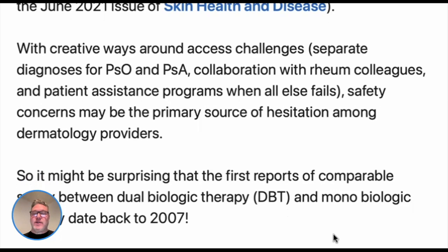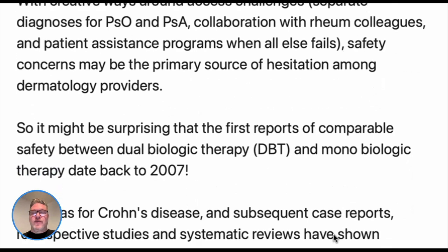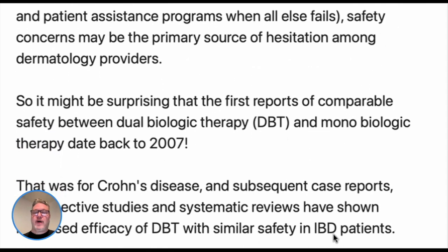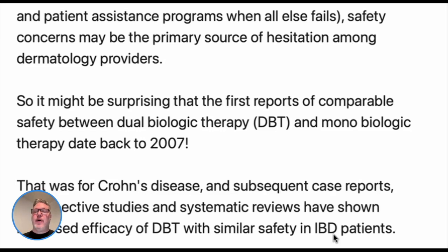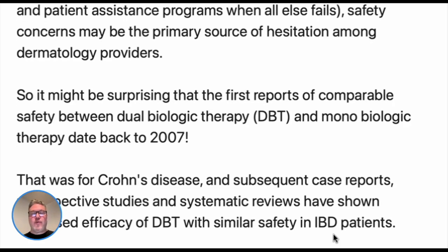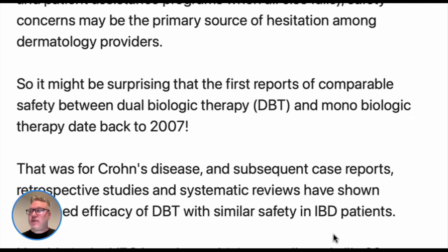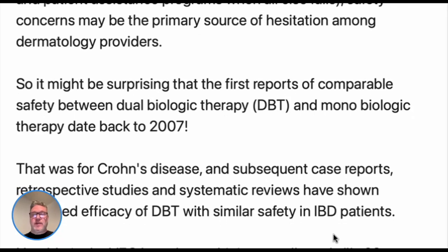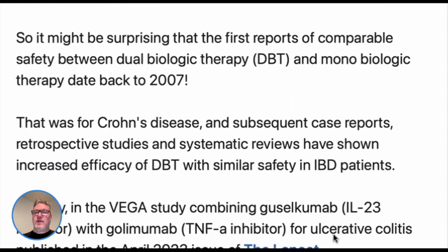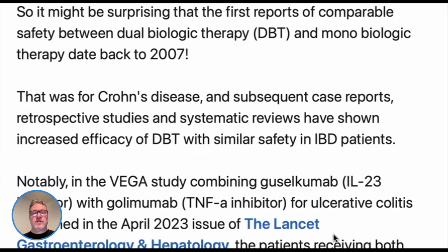So it might be surprising that the first reports of comparable safety between dual biologic therapy, or otherwise termed DBT, and monobiologic therapy date all the way back to 2007, which is, I don't know how many years in dog years, but quite a few in dermatology years.